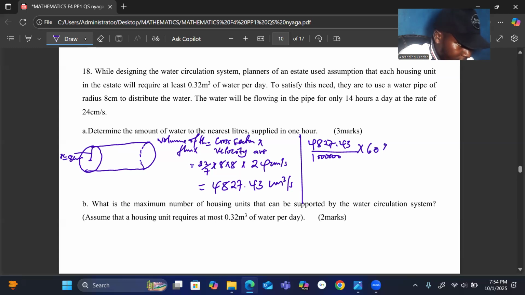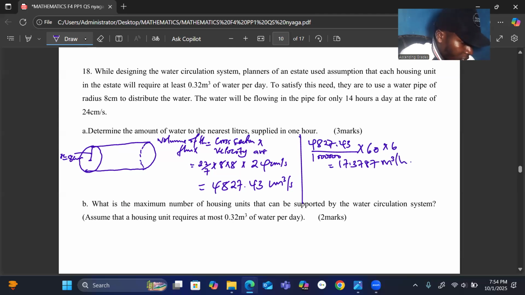Then times 6. So we shall have 17.3787 cubic meters per hour.